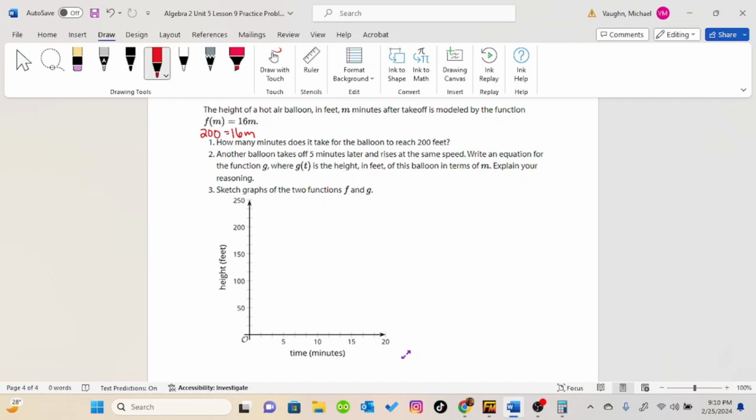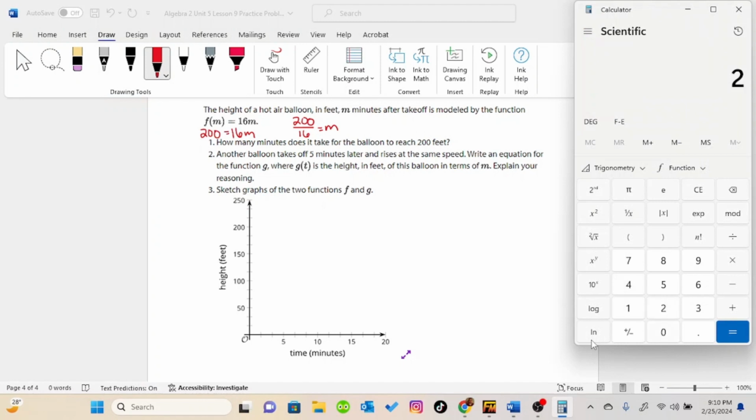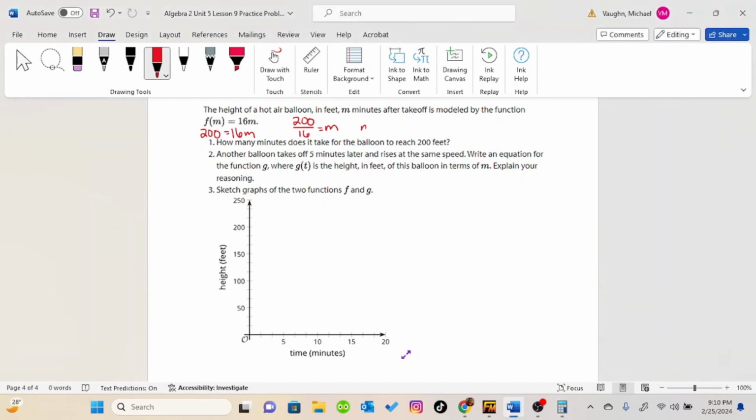The first thing we're going to do is divide both sides by 16. So now we have 200 divided by 16 equals m, and that's 12 and a half minutes.